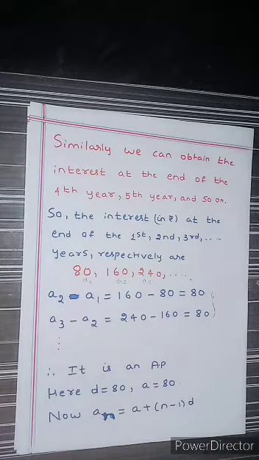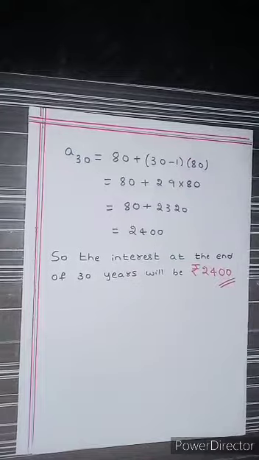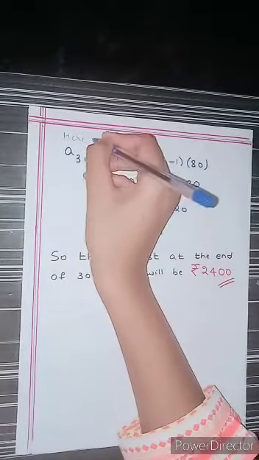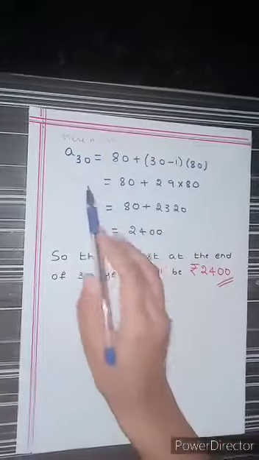As I told you, if they form an AP, we have to find the interest at the end of 30 years, right? We already know the formula for AN, right? AN equals A plus N minus 1 into D. Here N is 30, so N equals 30.